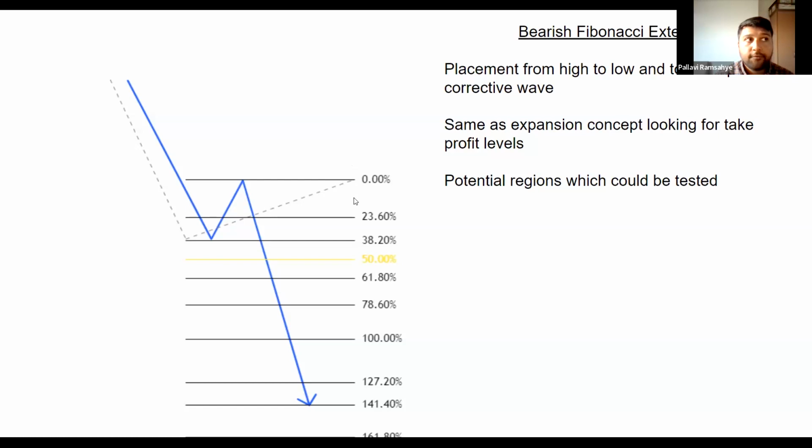If you are following the Elliott wave pattern and you have the confirmations to hand, and you know that AB equals CD, essentially what you're doing is entering at D.